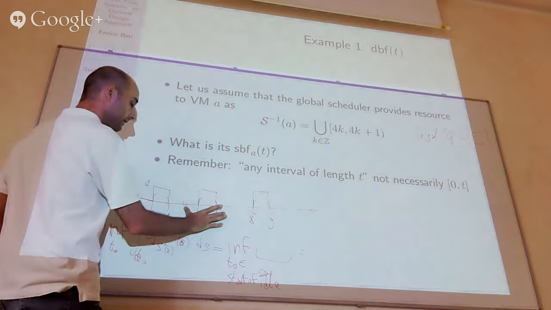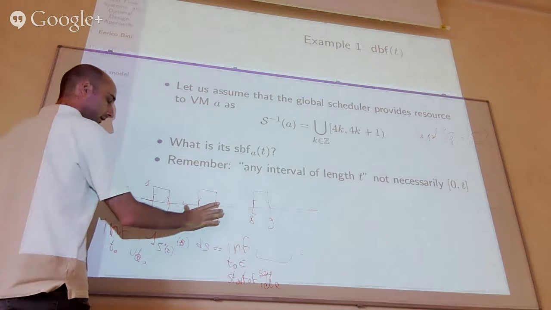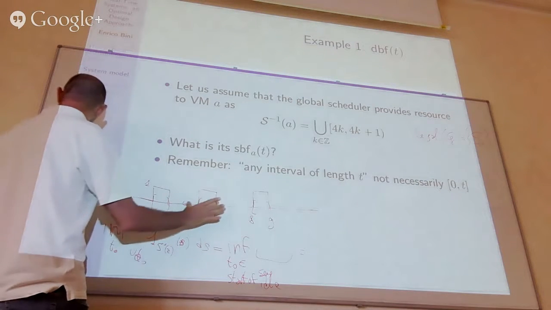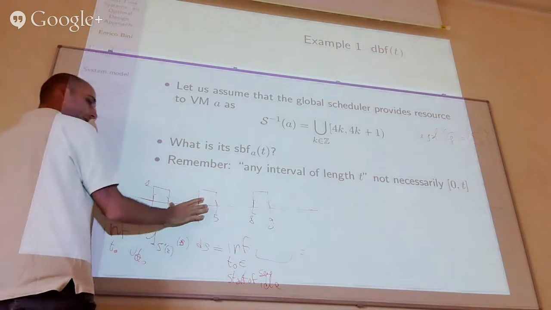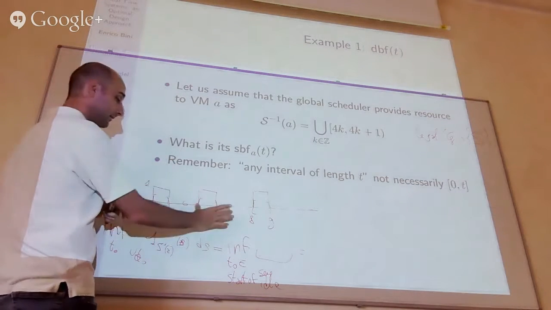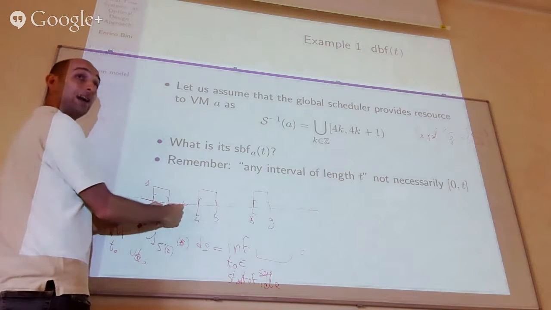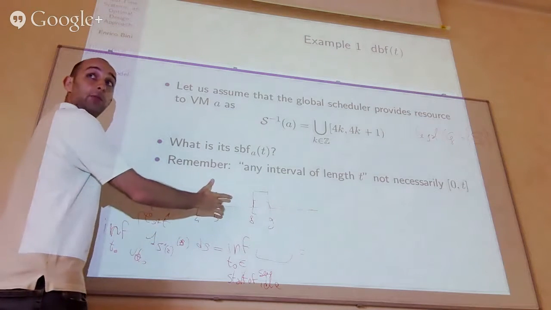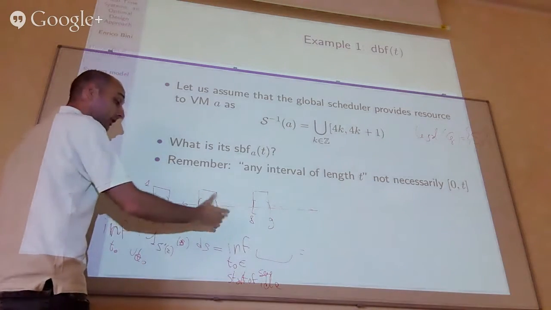Why is this? Let's say that I have a T0 here. If I move back to the start of the idle interval on the left, you can only put less resource into the interval, because by shifting leftwards you add nothing since it's idle. Maybe you lose, maybe you do not change anything. So you can only do worse.